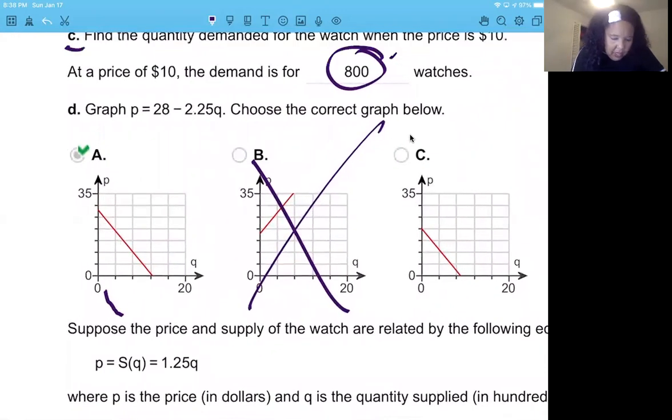So if we're looking 5, 10, 15, 20, 25, 30, it looks like these tick marks are representing 5. So if I look at this one, part C, that's 5, 10, 15, 20. So that looks like it's 20, 5, 10, 15, 20, 25. So it must be A because my y-intercept is 28.